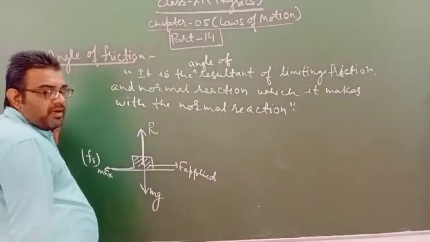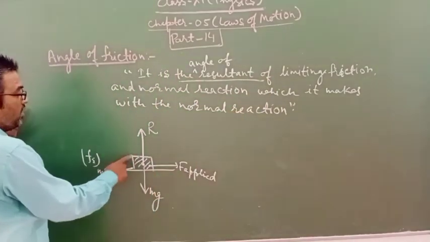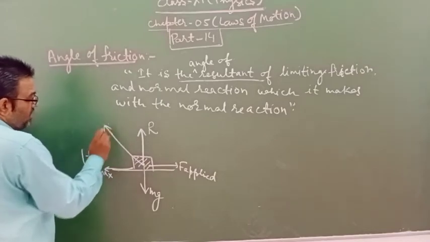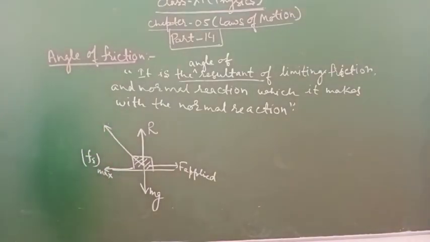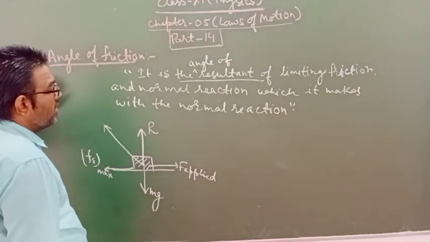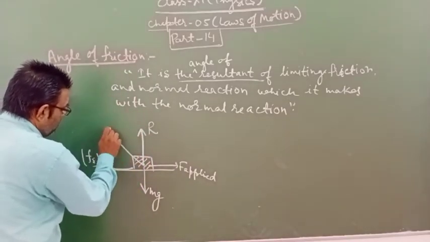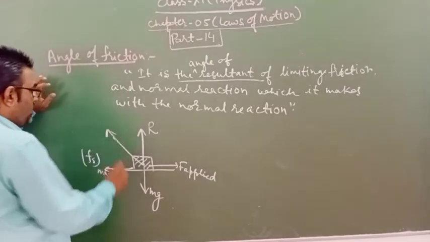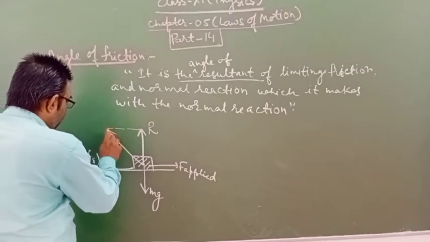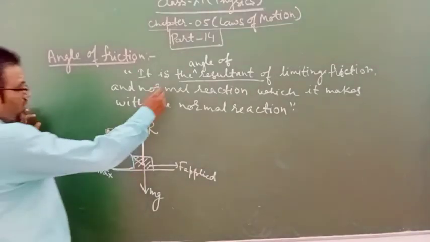Now, according to the statement of the angle of friction, it is the angle of the resultant. Now we have to find the resultant of limiting friction and normal reaction, according to the parallelogram law of vector addition.